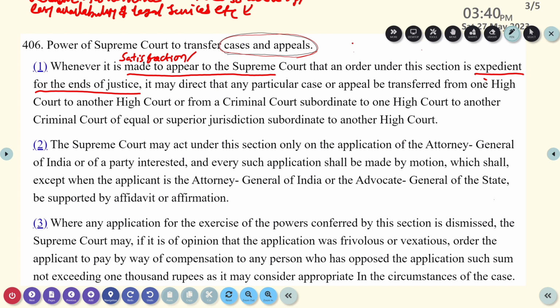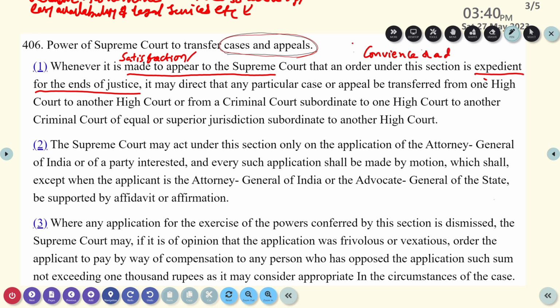What is expedient? In one meaning, it is convenience, in the interest of justice, or advantageous.